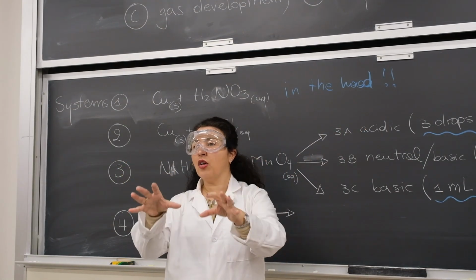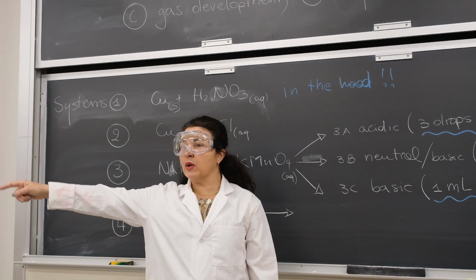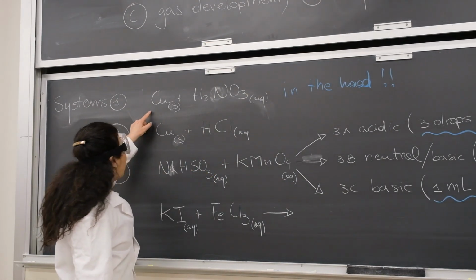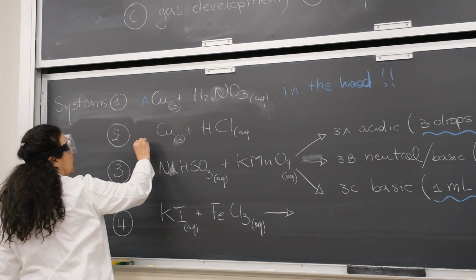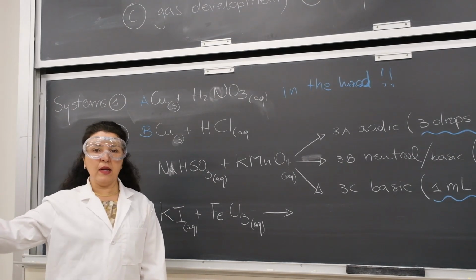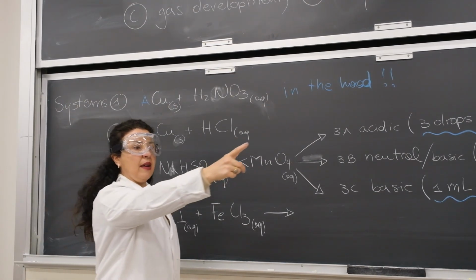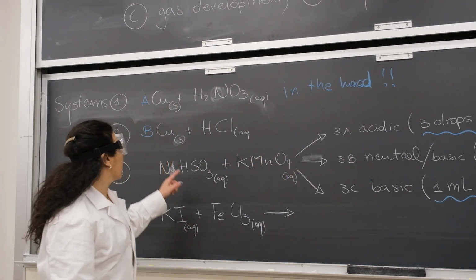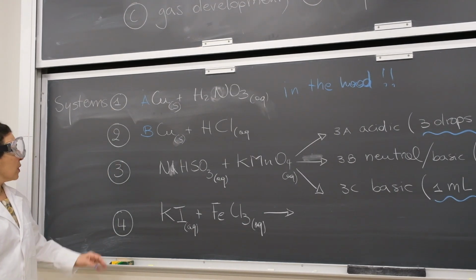Don't stay all together. Bench number 1 will work on system 1A, and this is 1B. Benches 1 and 3 will work on A, and benches 2 and 4 will work on 1B, so that we don't have too much crowding in the hoods.